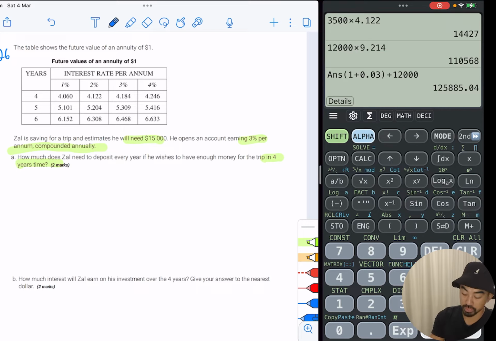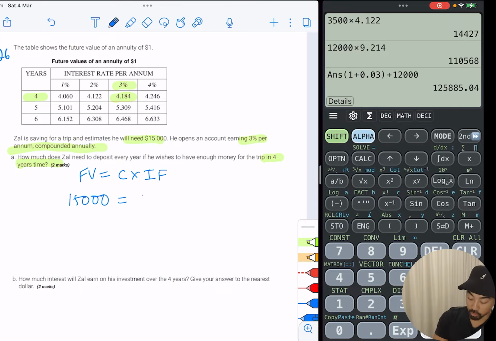So first of all, let's just change these rates if we have to. So he's putting money in every year, it looks like. Every year. So there's not going to be any changing. It's 3% per annum, and it's in 4 years. So let's highlight that, 3% and 4 years. So his interest factor is 4.184. Now, usually it's future value equals contribution times interest factor, but we know his future value because we want 15,000.